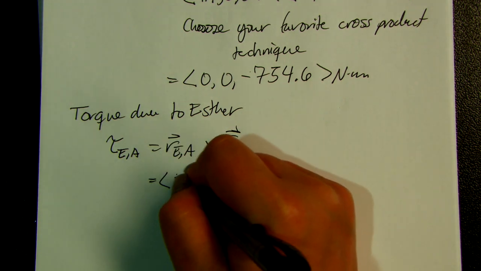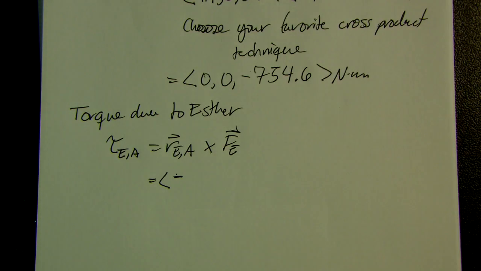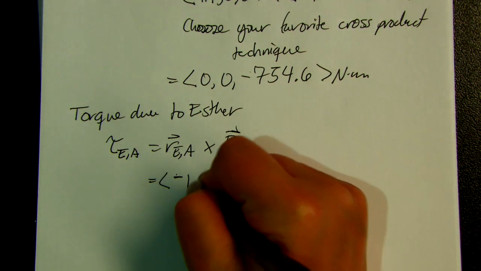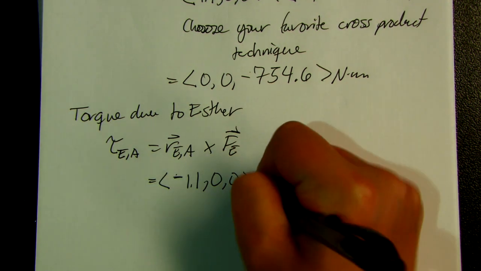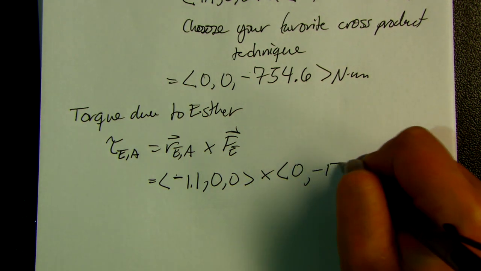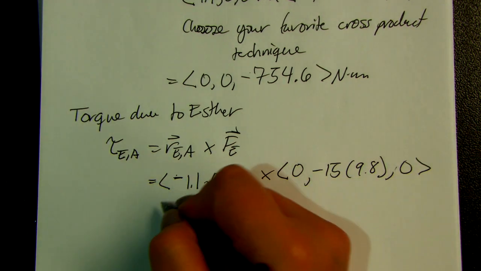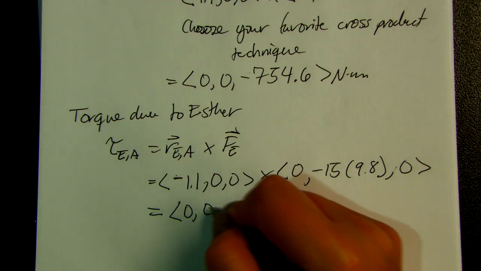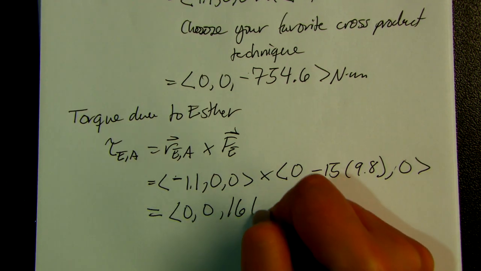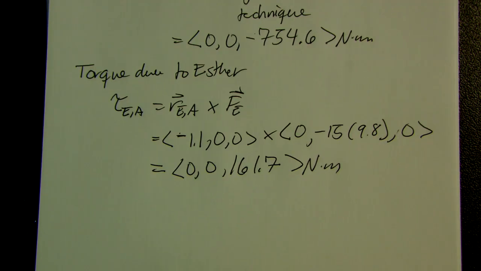This is equal to minus, so remember she is in the negative x direction, 1.1 crossed with 0, minus 9.8. So force of gravity is going down, 0. And this is equal to 0, 0, 161.7 newton meters.